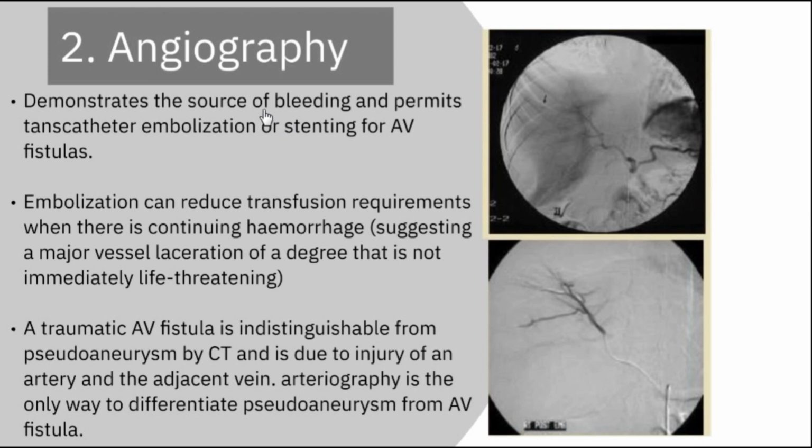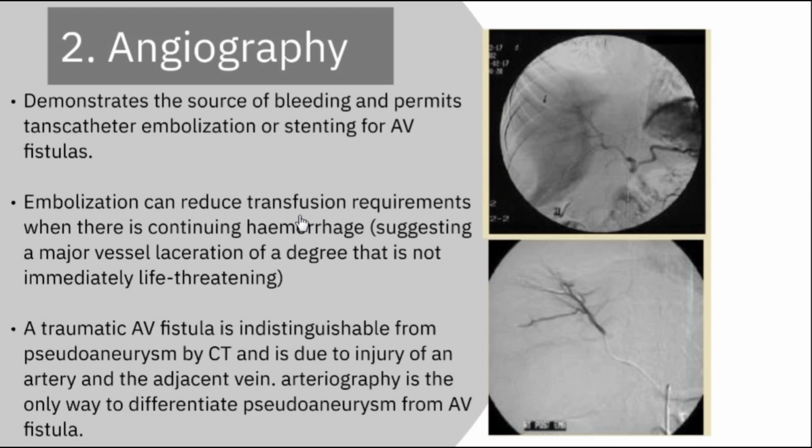For example, if we have a patient that's hemodynamically stable and we still want to keep them in the ward or the ICU, but in order to reduce the transfusion requirement, for example, receiving 4 pints, we can treat it by this angiography.